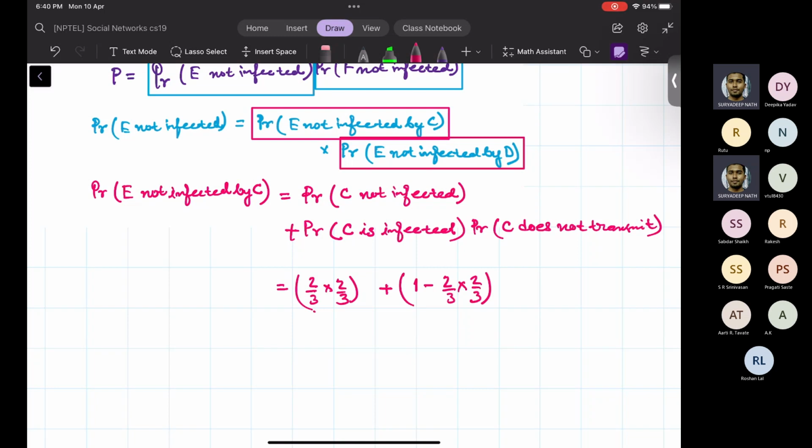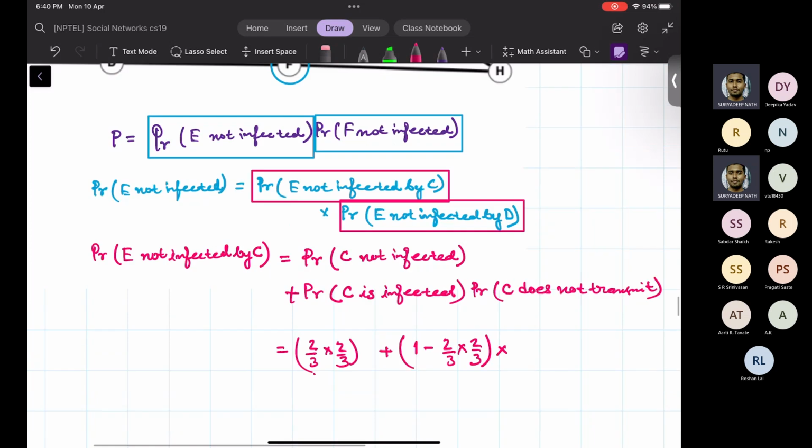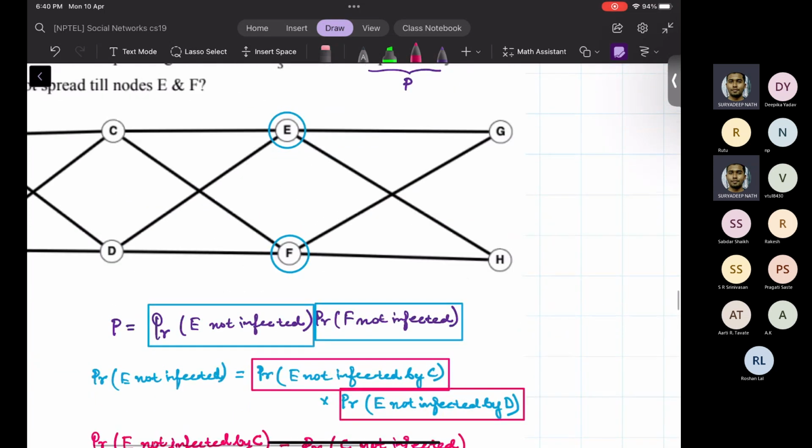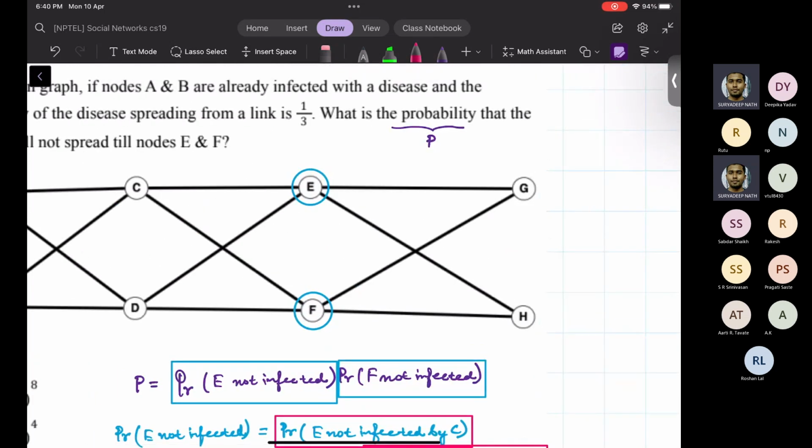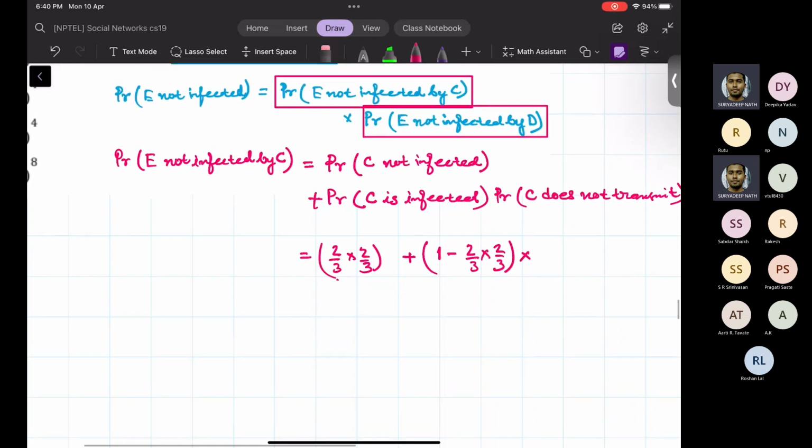There are only two options. Therefore, if the probability that C is not infected is 2/3 into 2/3, then the probability that it is infected is 1 minus 2/3 into 2/3. And then what is the probability that C does not transmit? Now, probability that C transmits is 1/3, and the probability C does not transmit is 2/3.